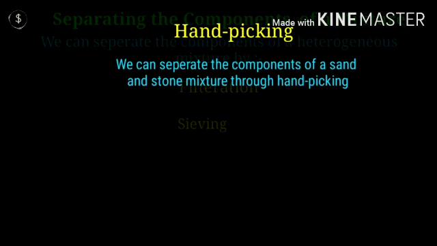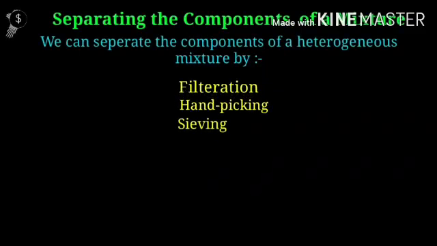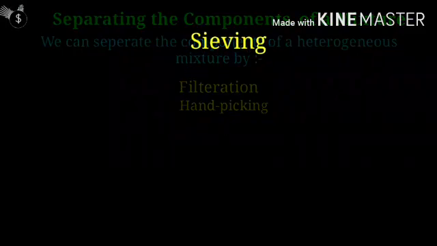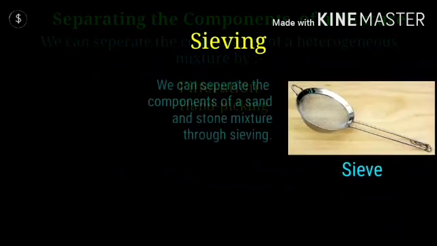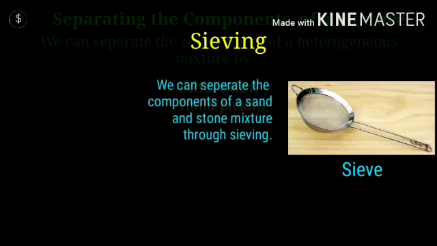Now, hand picking is the method by which we can separate things which are visible properly. We can pick up the stones and only sand will be remaining. And the third method is sieving. In this method we use a sieve for separating.